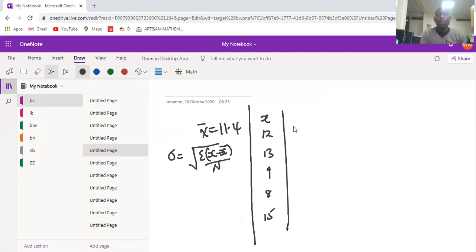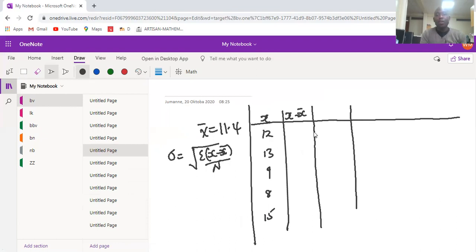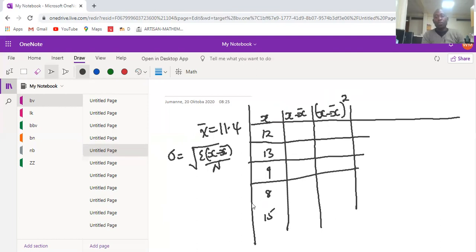Then we have x minus x bar, where x bar is 11.4, and then (x minus x bar) squared. You need to fill this table, and then you should be able to get the standard deviation from that computation.